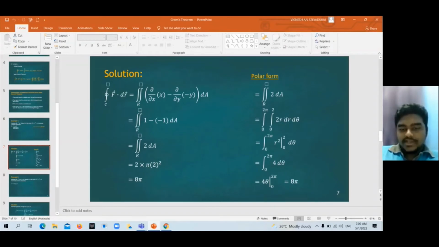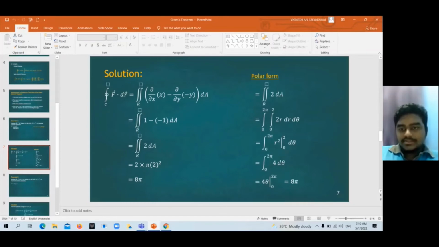So we have 2 times r squared over 2, which gives us r squared. This would be 4 minus 0. So we have an integral from 0 to 2 pi of 4 d theta.